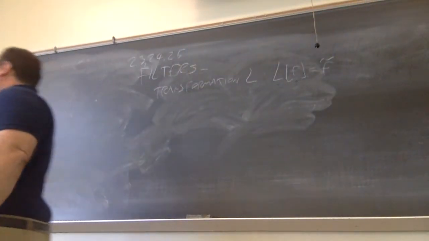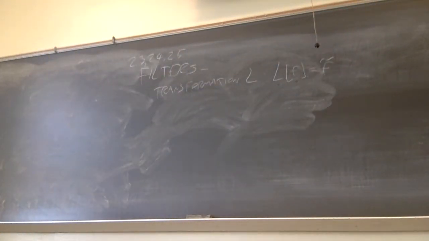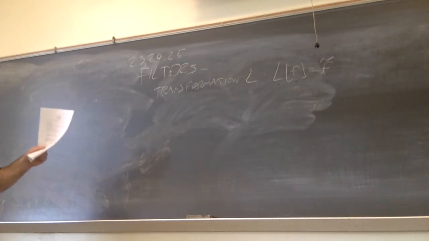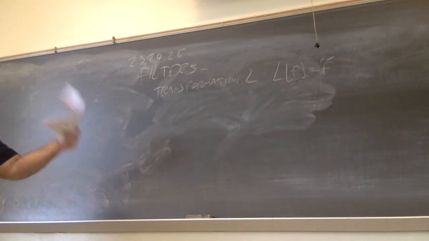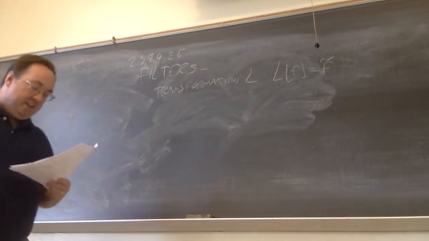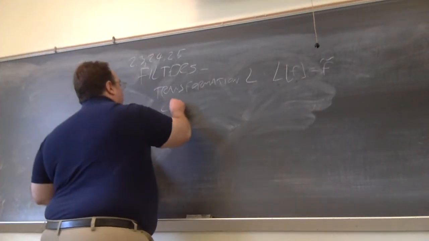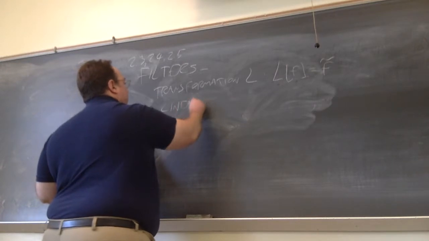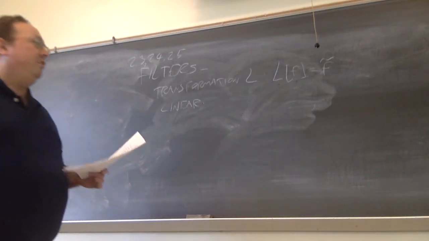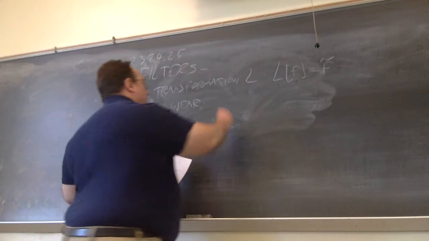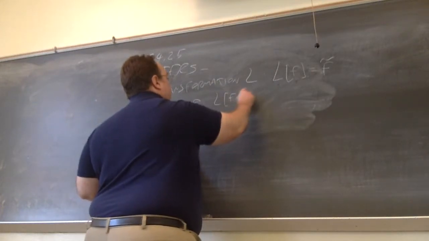Unlike a Fourier transform, which maps a function of t in the physical space into a function of lambda in frequency space, here it's a function of t mapped to another function of t. So we stay in physical space. And we're going to only focus on transformations that are linear, just like the Fourier transform is.